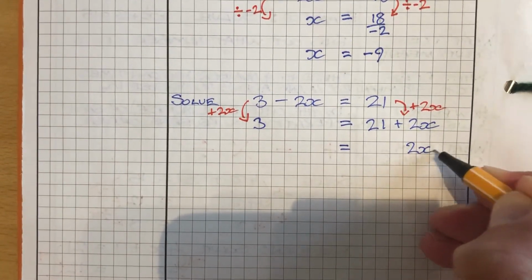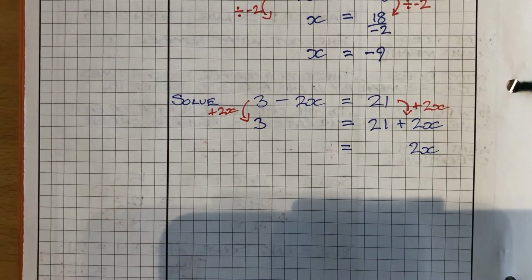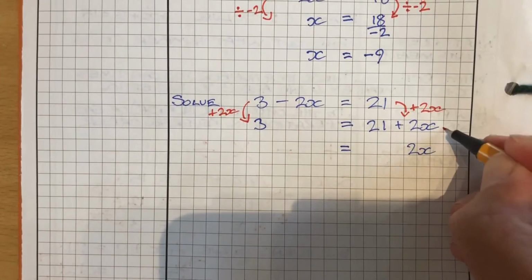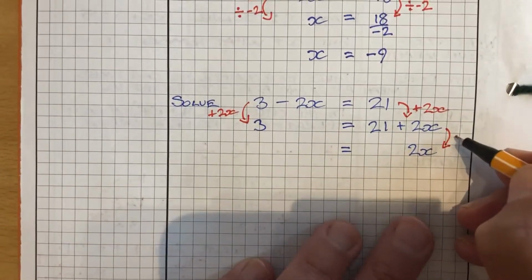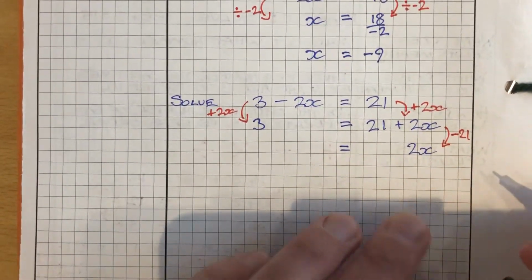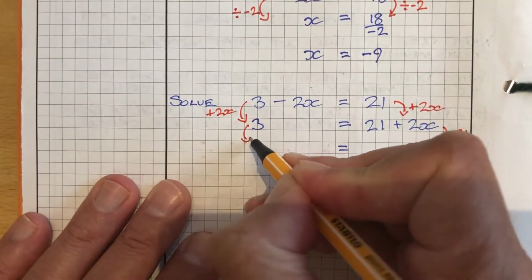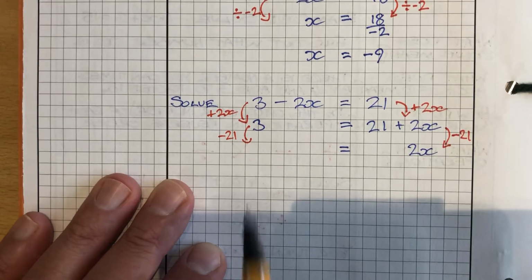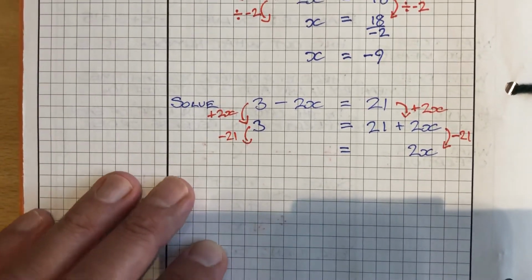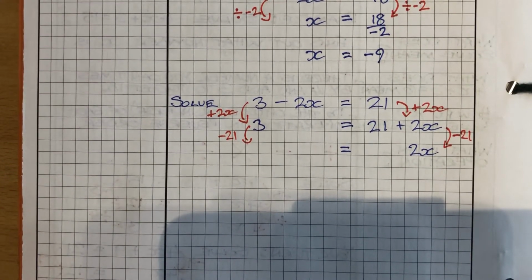It's gone, look. How do you do that? By doing the opposite, the inverse to add 21. You take away 21 from this side, and so you take away 21 from this side. Okay, that's a little bit tricky. 3 take away 21, isn't it? Okay, what does this mean?